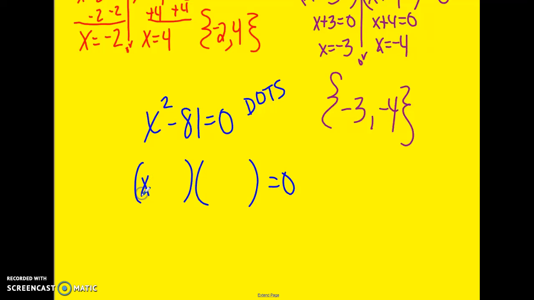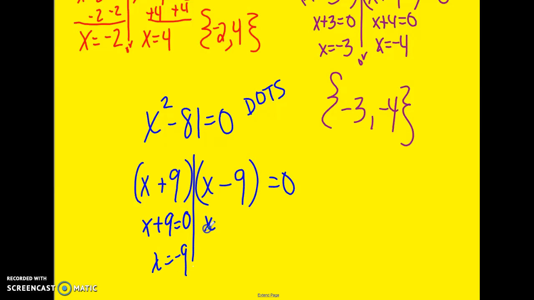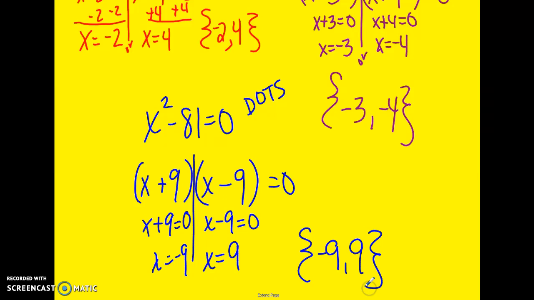So this should be x and then what should it be? What's the square root of 81? Good. Plus 9 and minus 9. You should know the answers now are the opposites. So we get x is negative 9 or x is positive 9. So negative 9 or positive 9 would be your two values.